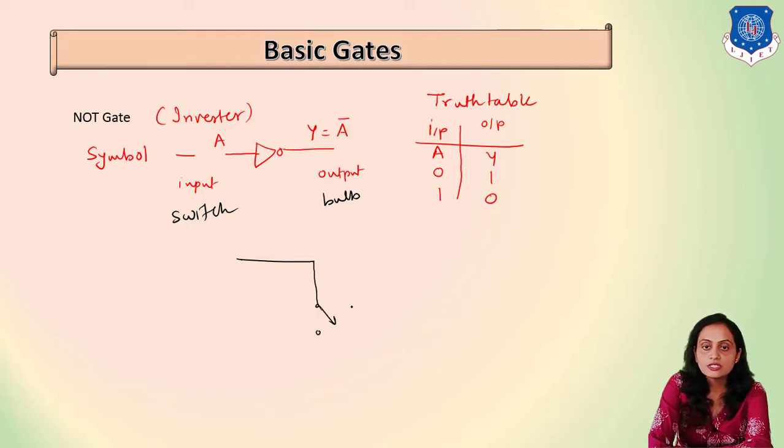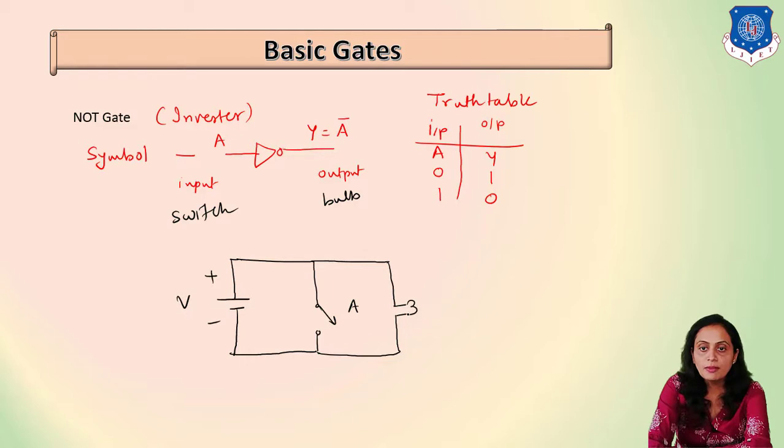This is the switch which describes the input A. We are connecting the battery with this to supply the power for the bulb to glow, and I am connecting this bulb in parallel with this switch. This is the bulb and this is showing the output Y.